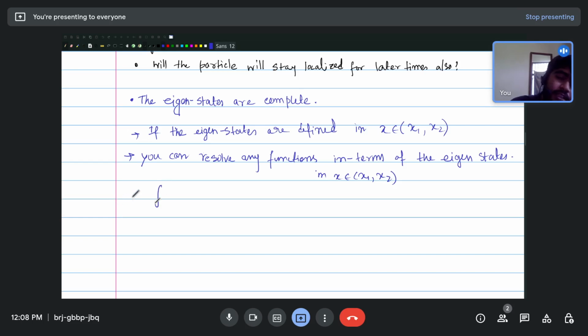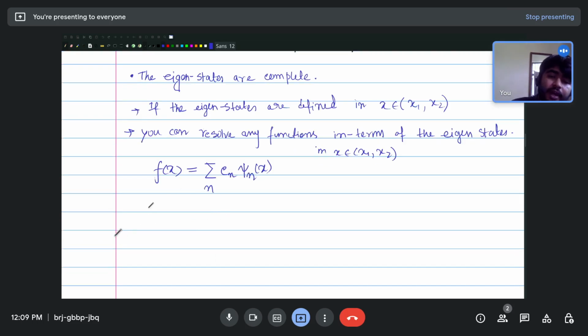So any function we can always write in terms of Cn and psi n of x, where the summation over n is over all of the quantum numbers. This is a very general principle.